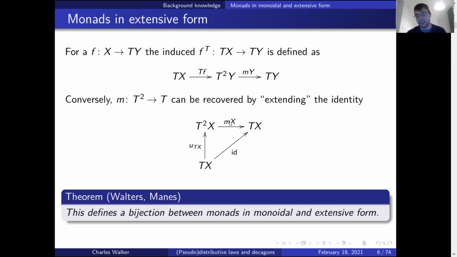And the unit constraints are the same data in both the extensive and the monoidal form. If you do this, this gives you a bijection between monads in the monoidal form and the extensive form. This is in Walters' PhD thesis and Menezes' paper.